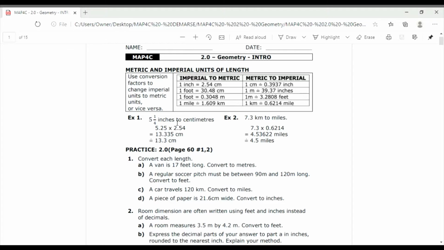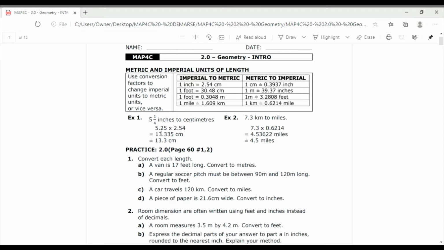Now 5 1/4, or 5.25 inches, into centimeters, we look at our conversion table and find the conversion between inches and centimeters. 1 inch is 2.54 centimeters, so 5.25 inches, to change that to centimeters, we will be multiplying by the conversion factor of 2.54.